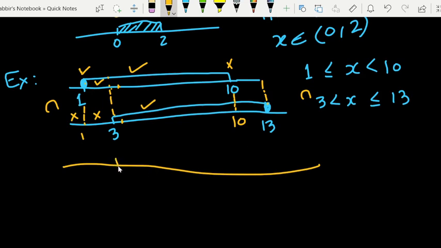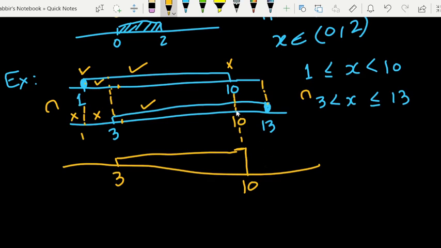So as you can see, all the values between 3 to 10 we will take. Okay, 3 to 10 we will take, but 10, since it is not common to both, 3 is also not common to both, so it won't be included in the intersection.